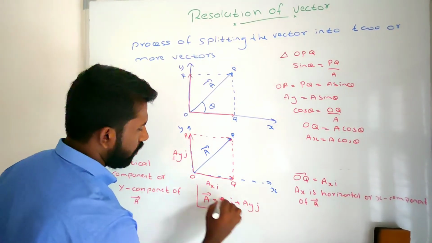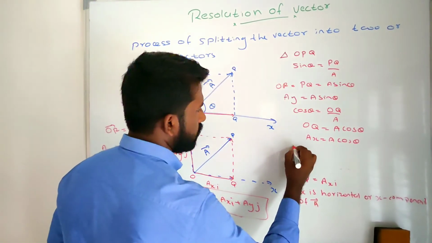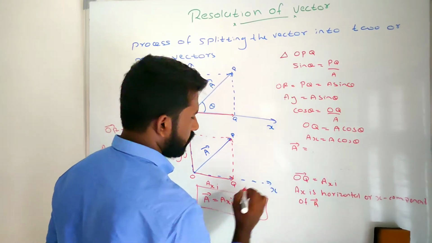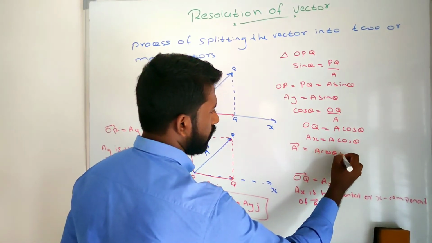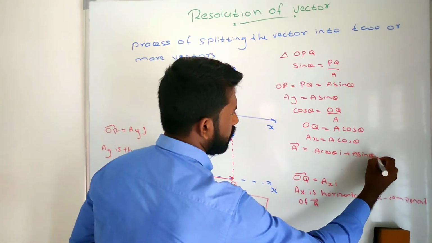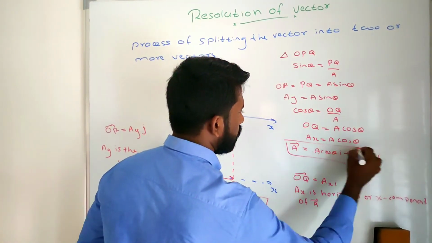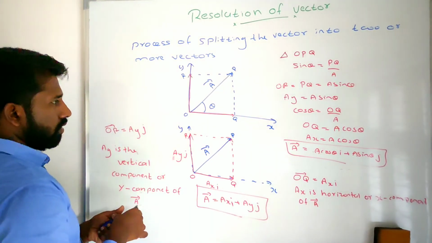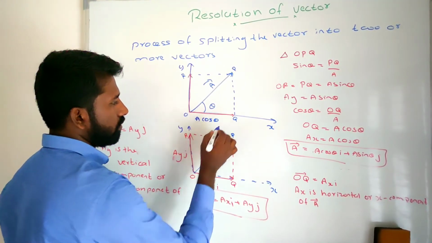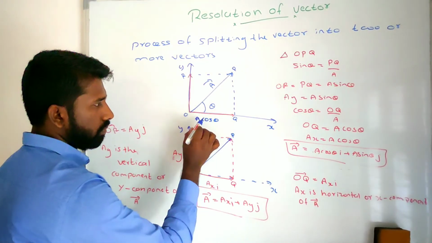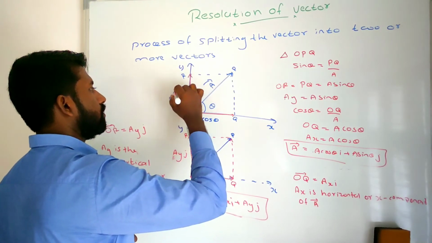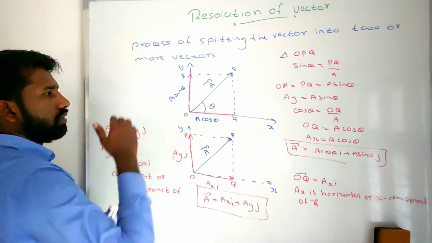Then now we will get one more: the A vector is equal to AX = A cos theta i plus AY = A sin theta j. Okay, clear? This is the horizontal component, that is A cos theta. The component nearby theta is cos theta. This is A sin theta. Okay, clear? This is the sin theta component.